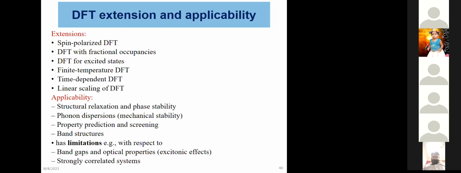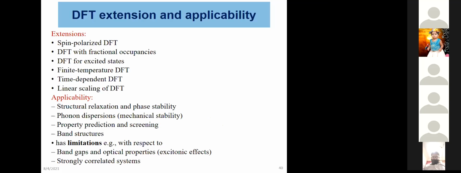Okay, so if that electron is in a higher state, or it is excited, we will have a different formalism for excited state DFT. And also the density functional theory calculations, or the Hartree-Fock approach calculations, are done for 0 Kelvin. They are ground state, and ground state is at 0 Kelvin temperature.